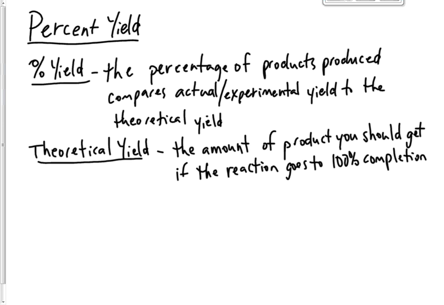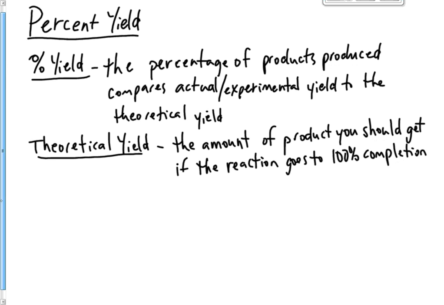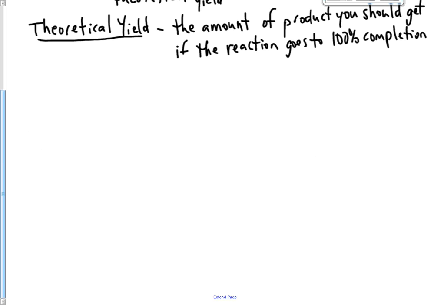All right, so this is the math that you do. So when I give you an equation and I say, well, if you're given 5 grams of this, how much of this can you make? That's your theoretical yield, and we'll look at some of those examples here in a minute.